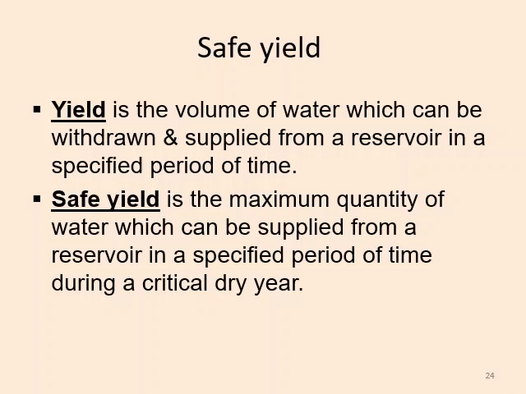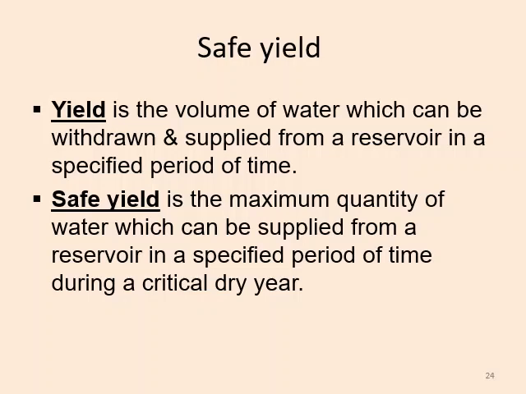It is basically the output, that volume of water which can be withdrawn and supplied from a reservoir in a specified period of time. And what is safe yield? It is the maximum quantity of water which can be supplied from a reservoir in a specified period of time during a critical dry year.